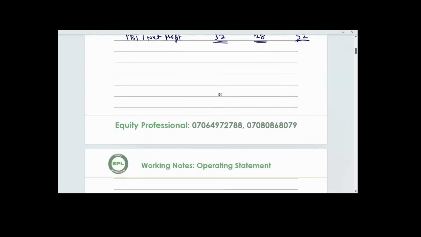Now let's move on. The second one is to prepare operating statements using the marginal costing approach.